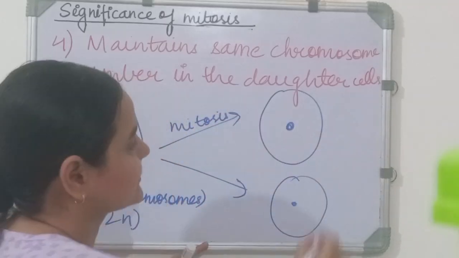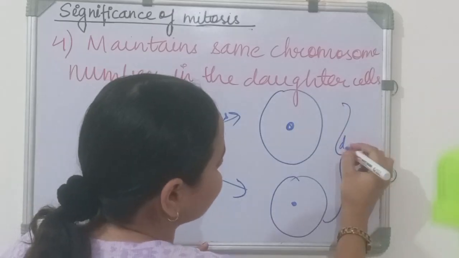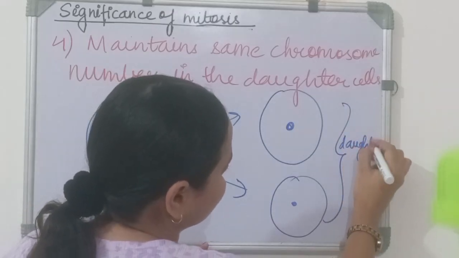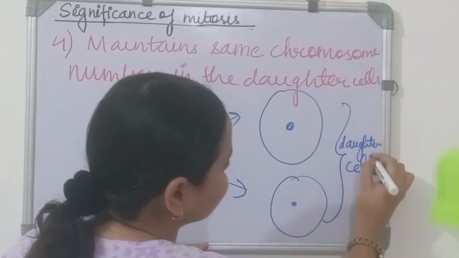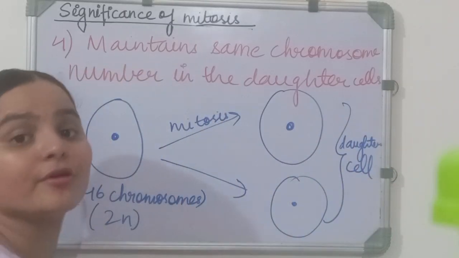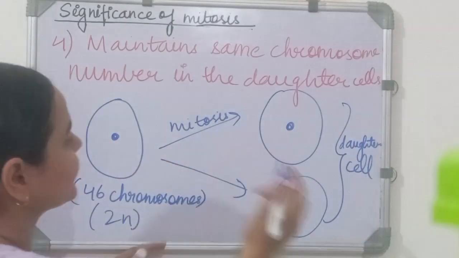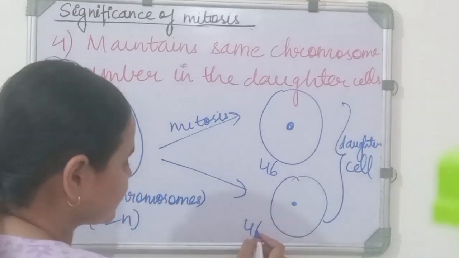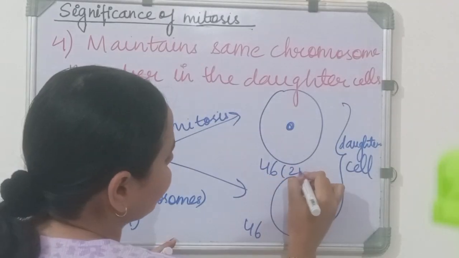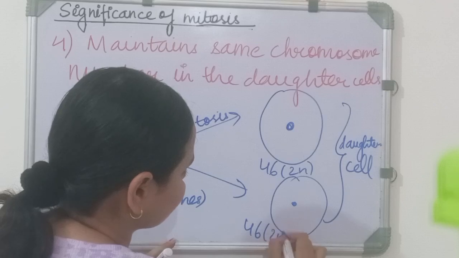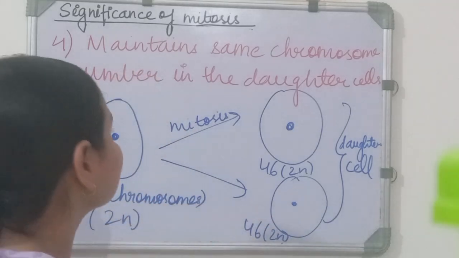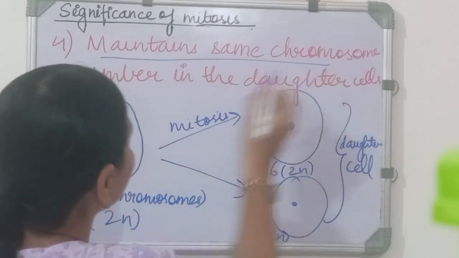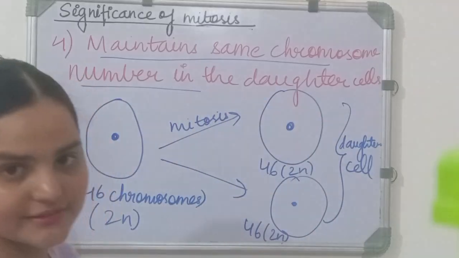These are the two daughter cells, and they have exactly the same number of chromosomes as the parent cell. So they have 46 chromosomes, meaning 2n number of chromosomes. Our point also says the same thing, that it maintains the same chromosome number in the daughter cells.